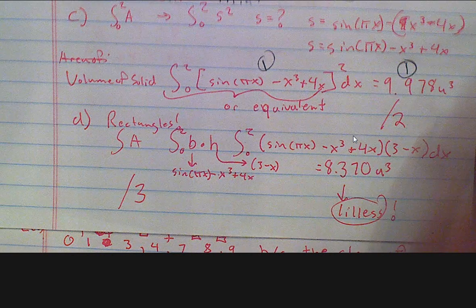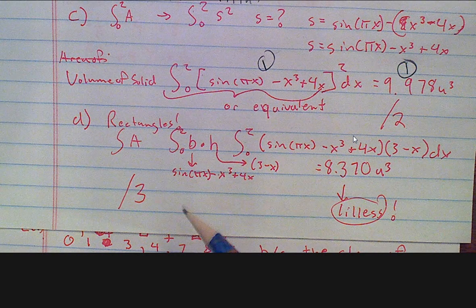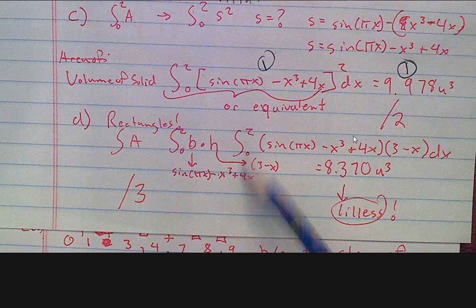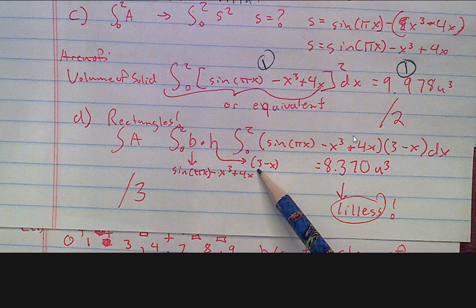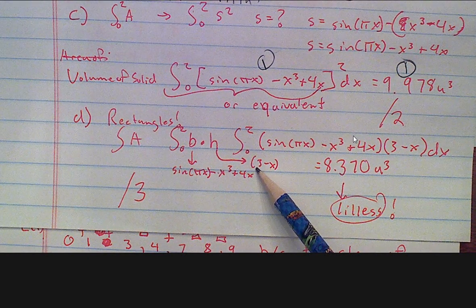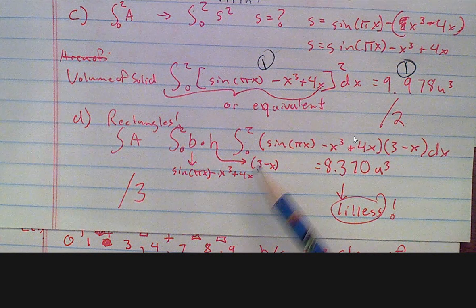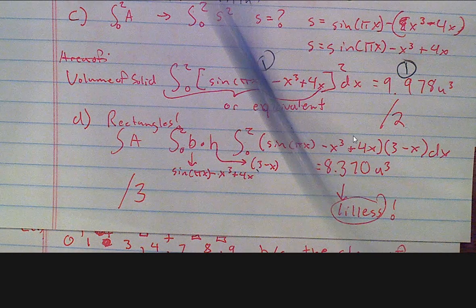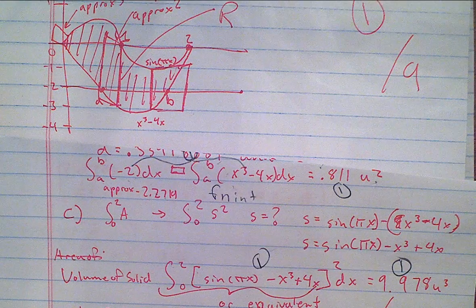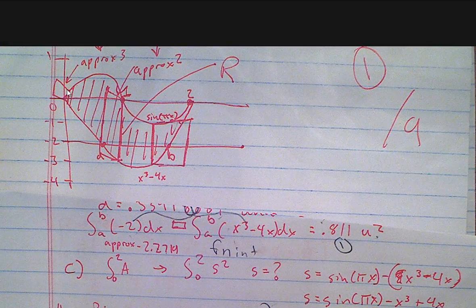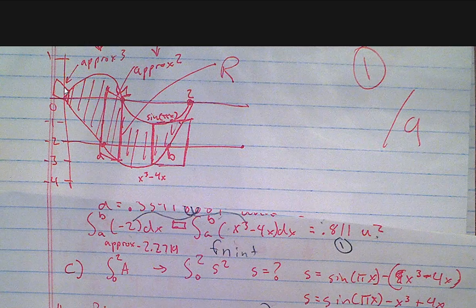Now the last one was tough. What you had to recognize was that the height is 3 minus x, basically, the depth of the water anyway. So basically what you're going to do is you're going to be adding all these little rectangles. Well, at the beginning it's 3 minus x.